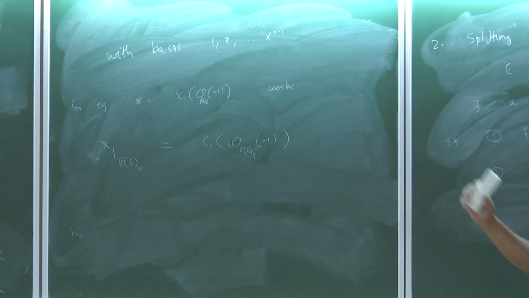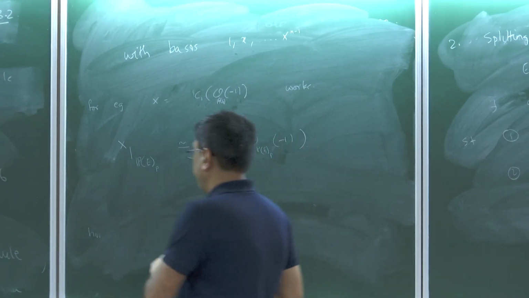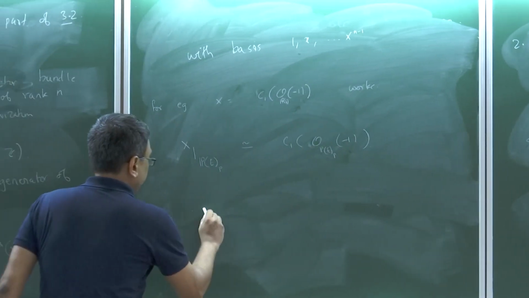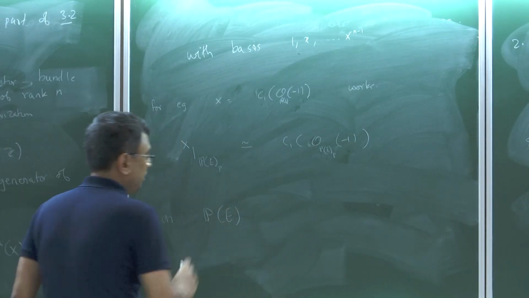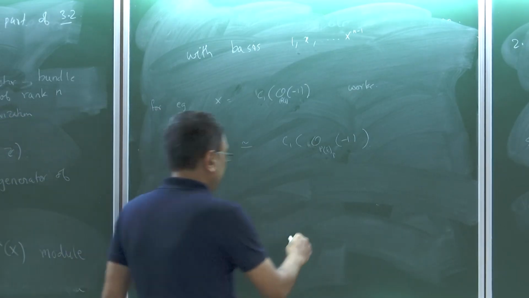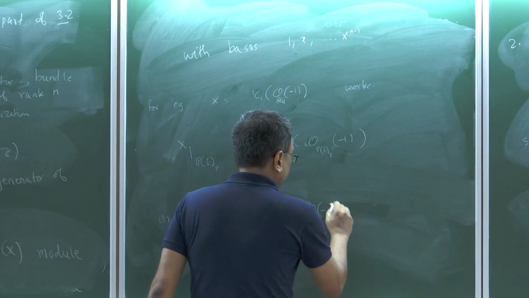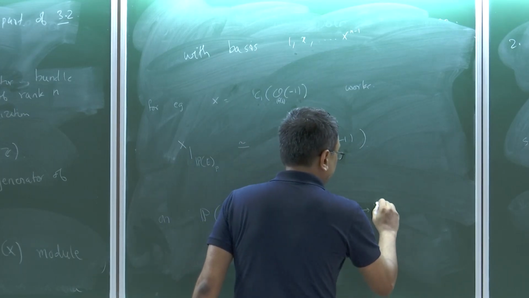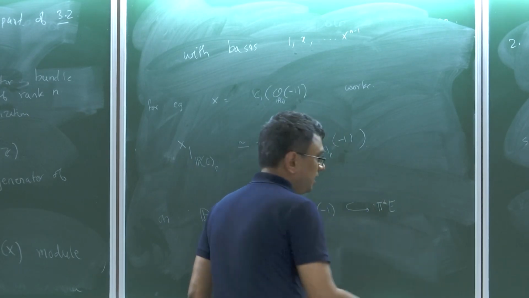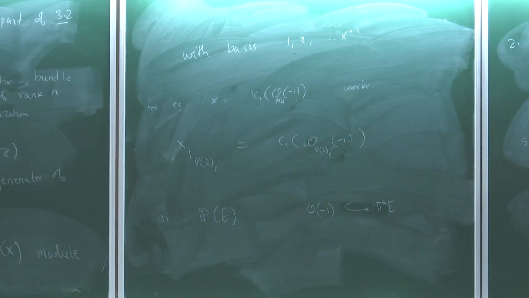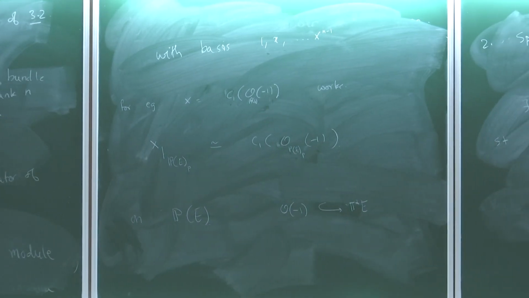Now this shows the splitting principle. Why? Because on P(E), the tautological line bundle is a subbundle of the pullback of E. Sorry, when I pull back E to P(E), the tautological line bundle is a subbundle of that.